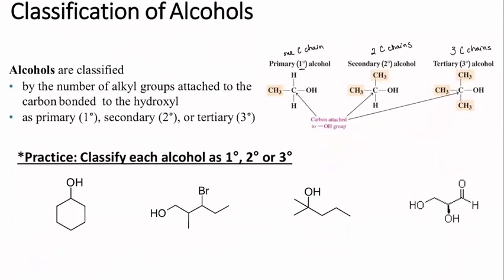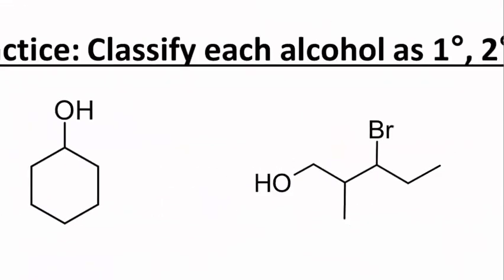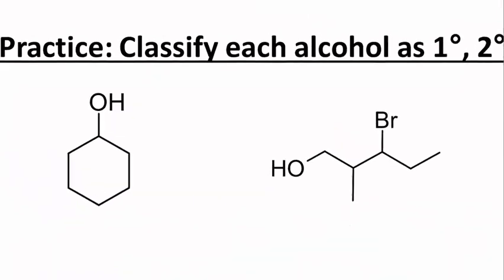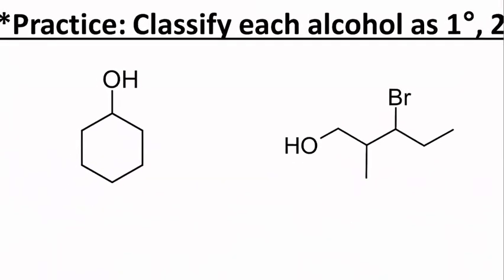To practice, I just want to do at least these 2 molecules, okay? So that cyclic alcohol that we have on the left, let's put a number, 1, 2, or 3. Is it a primary? Is it a secondary? Or is it a tertiary alcohol? It's not primary. Let me just write in the carbons, maybe illustrate it.